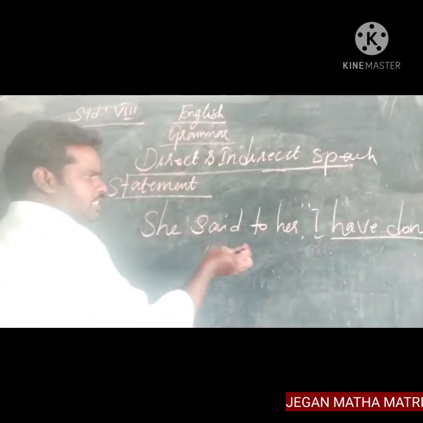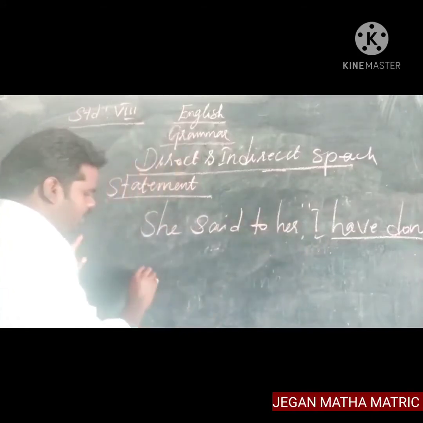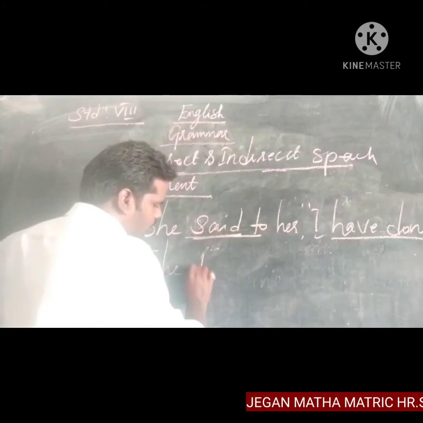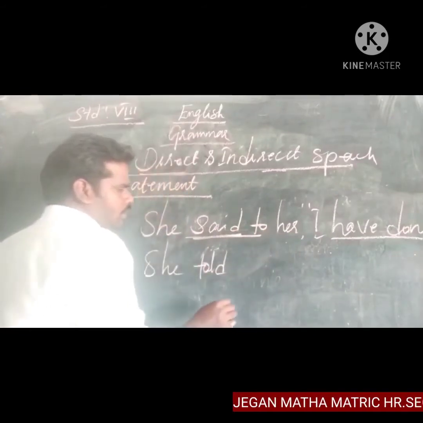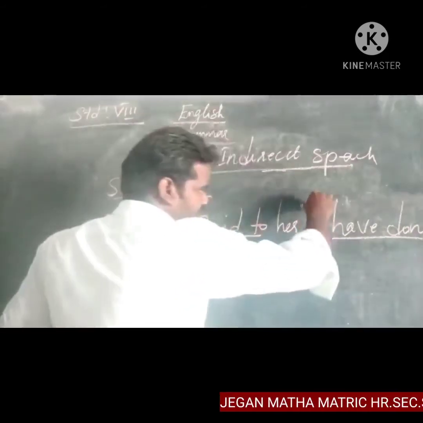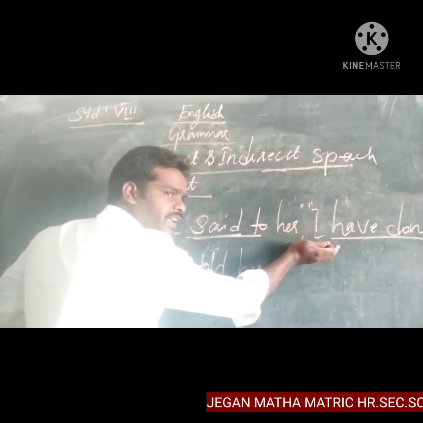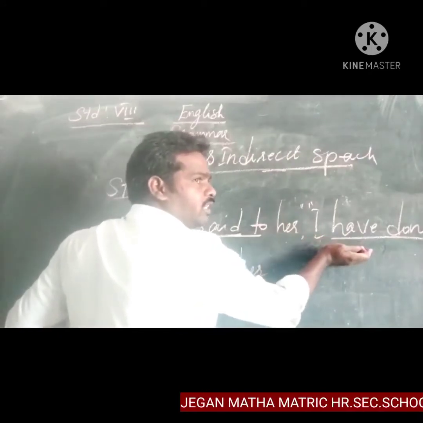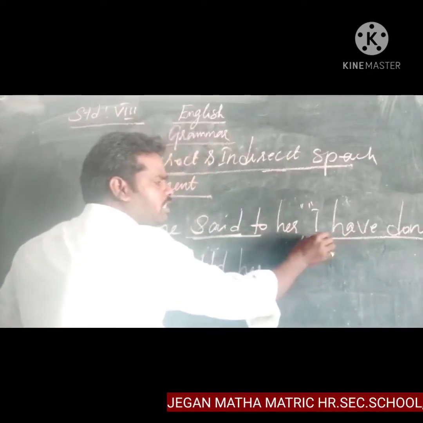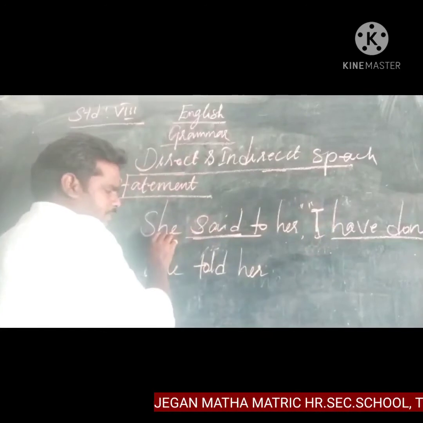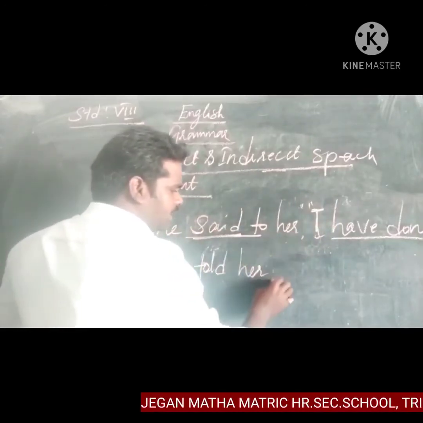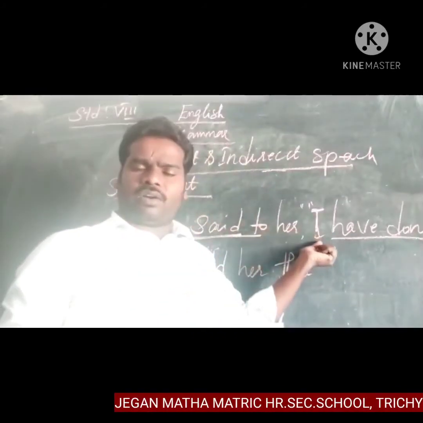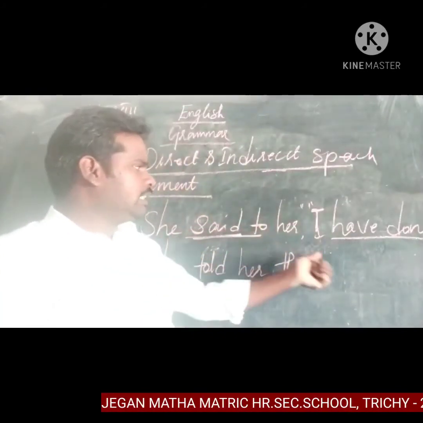Okay, how will you change from direct to indirect speech? She said to, told her that. For a statement, the conjunction we have learned is that. I have done my work. What is the pronoun here? I, she. She told her that she had done her work. What is the speaker here? She.